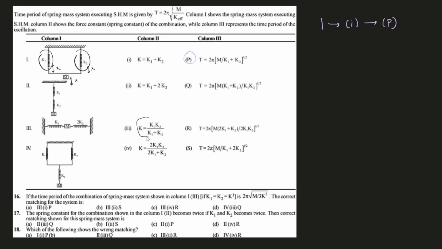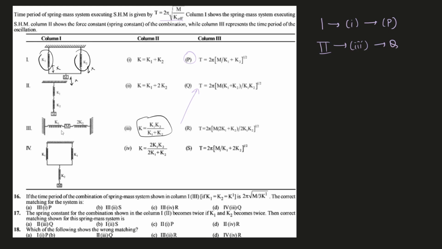So the thing right here, K1 K2 divided by K1 plus K2. So the second one goes to third in the second column. And again, the time period corresponding to it is just, well, that's easy. That's just the time period. The formula is given right there.